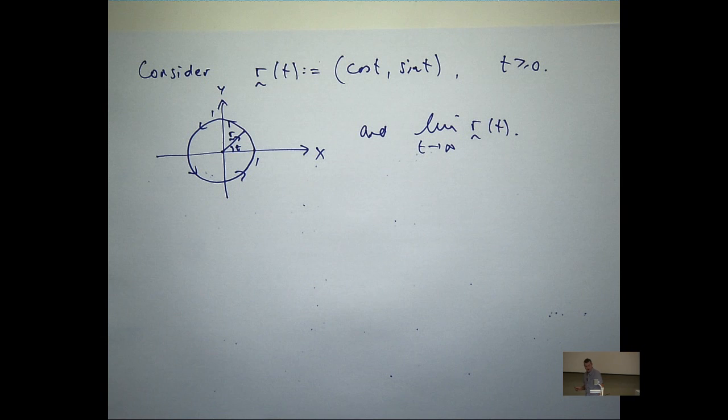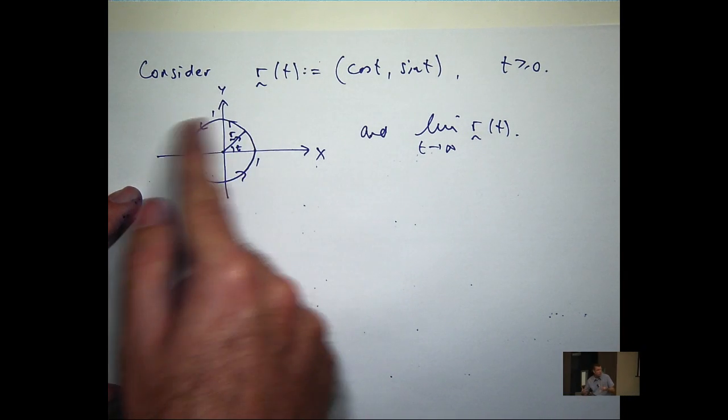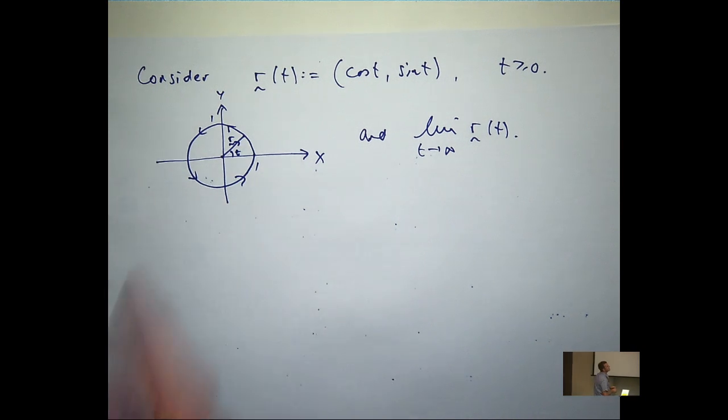We haven't had any formal definition. Now, what's going to happen as t increases? The thing just goes round and round and round. It doesn't approach a particular point in the plane, right?